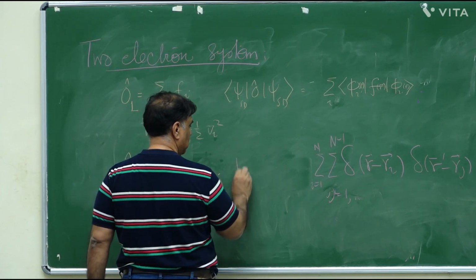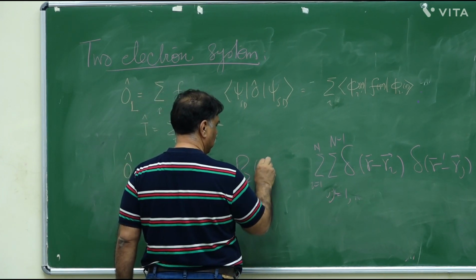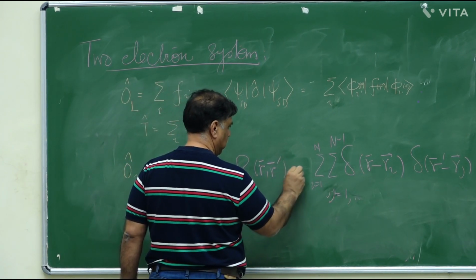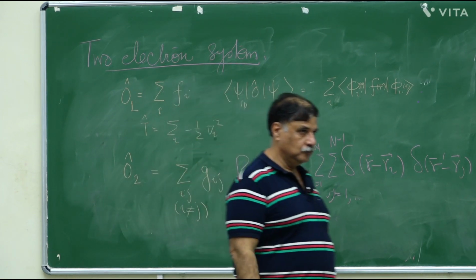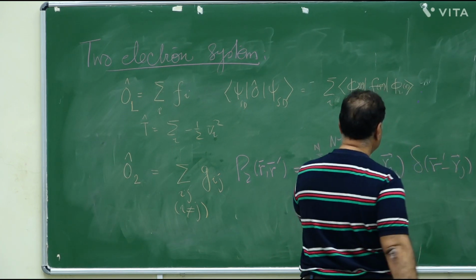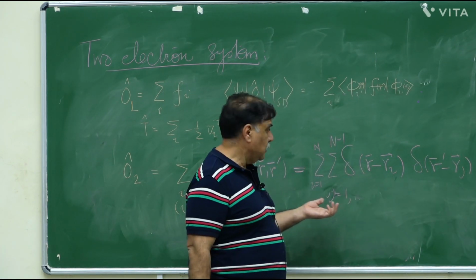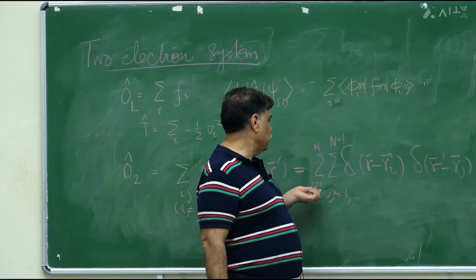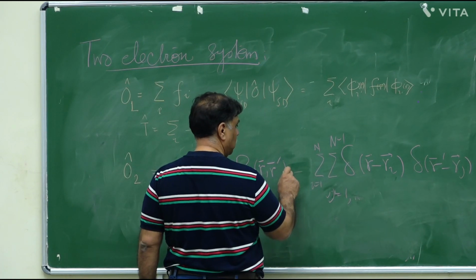And I'm going to call this P2(r, r prime). Probability of finding one particle out of all these n particles, right?